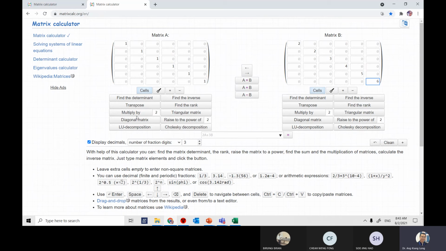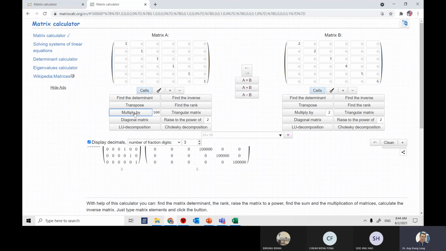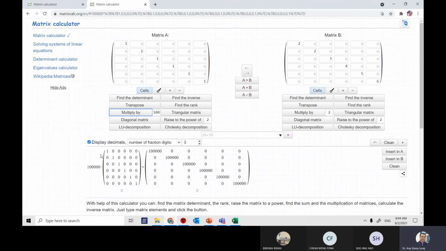And remember that if you need to multiply with something, which is your EI divided by L cube or L, so this is the number that you multiply. For example, if your EI divided by L is 10,000, then you just press this one. After you fill in the matrix, you press multiply. So you will get the first answer for your matrix.